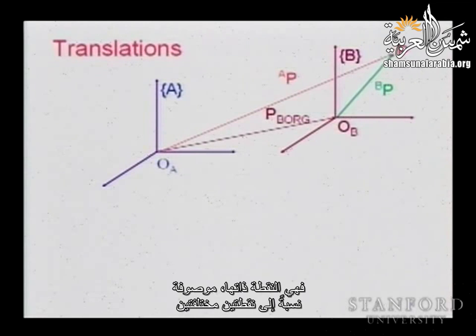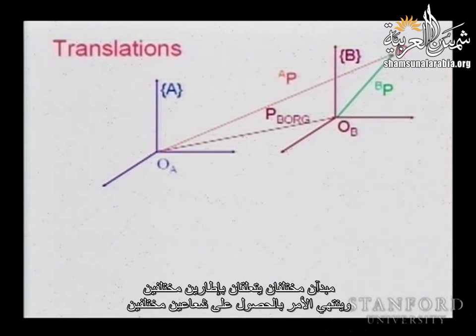So it is the same point but described with respect to two different points, two different origins attached to two different frames, and you end up with two different vectors.